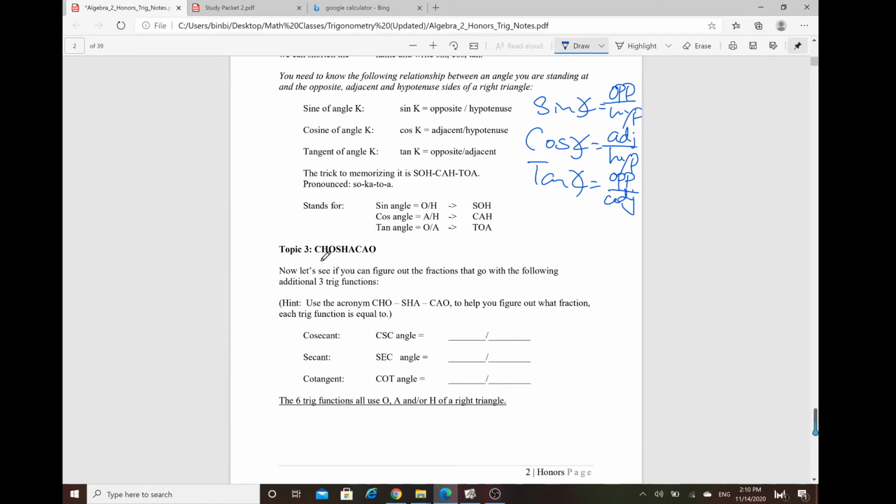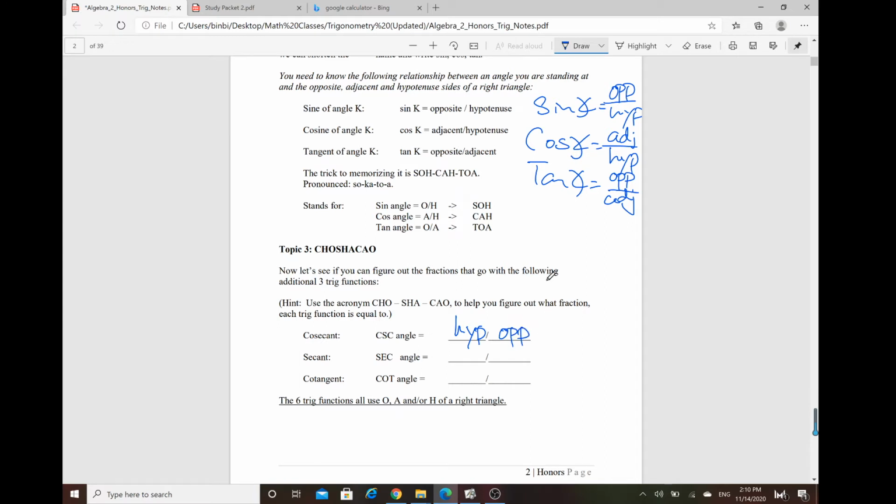Okay, so now, what about CHOSHACAO? CHOSHACAO is just the other acronym. This is the other way to recognize the reciprocals of all those trig ratios. Let's say you want to find the reciprocal of sine. The reciprocal of sine is cosecant. Cosecant of the base angle is hypotenuse over opposite.